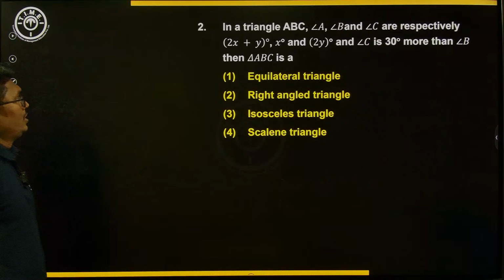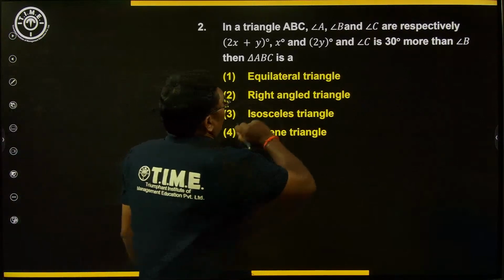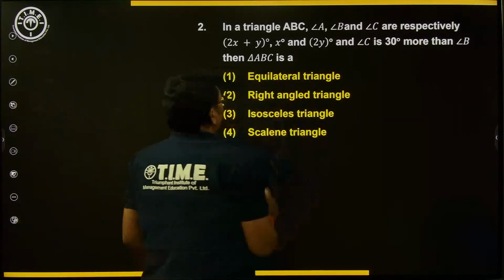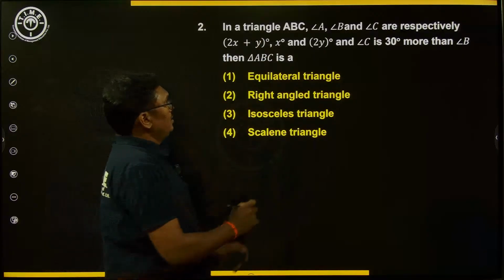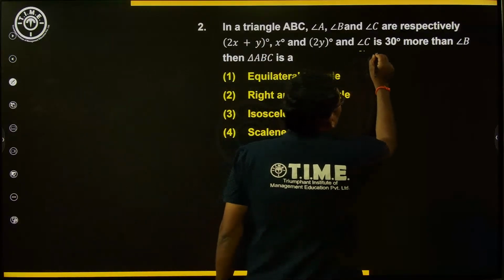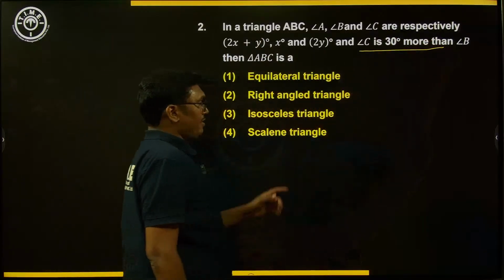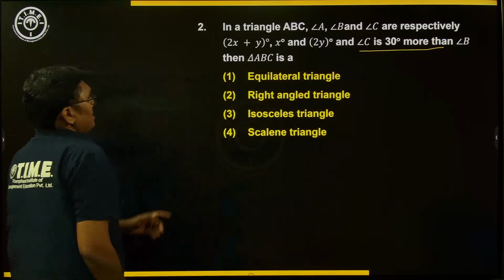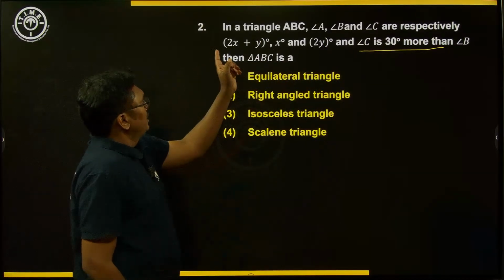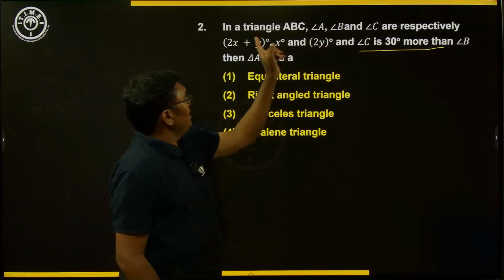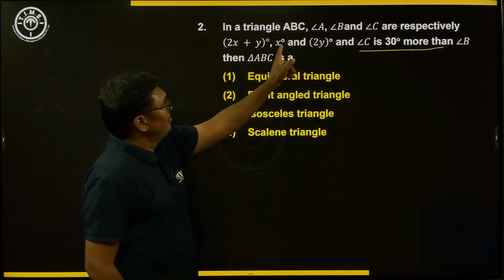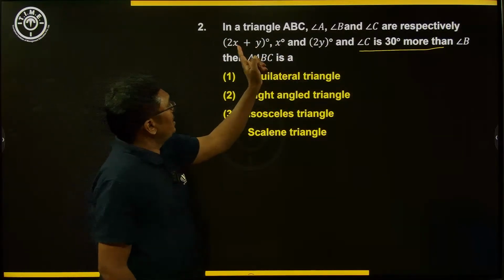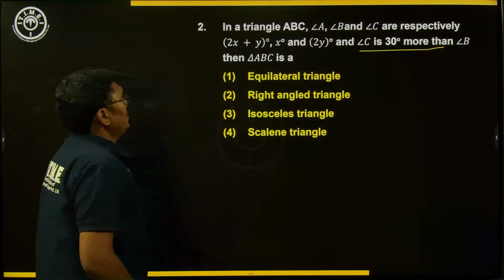Question number 2. In a triangle ABC, the angles are given, and C is 30 degrees more than B. The difference between B and C is 30 degrees. In a triangle, the sum of the angles is 180. The sum of these three is 2x plus x, 3x, y plus 2y, that is 3y.